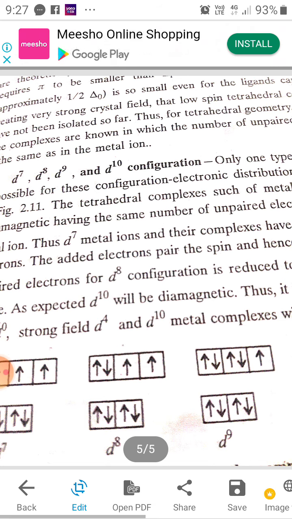As the configuration increases and there is pairing of electrons in the complexes, the color of the complexes decreases time by time, and this should be noted very well.